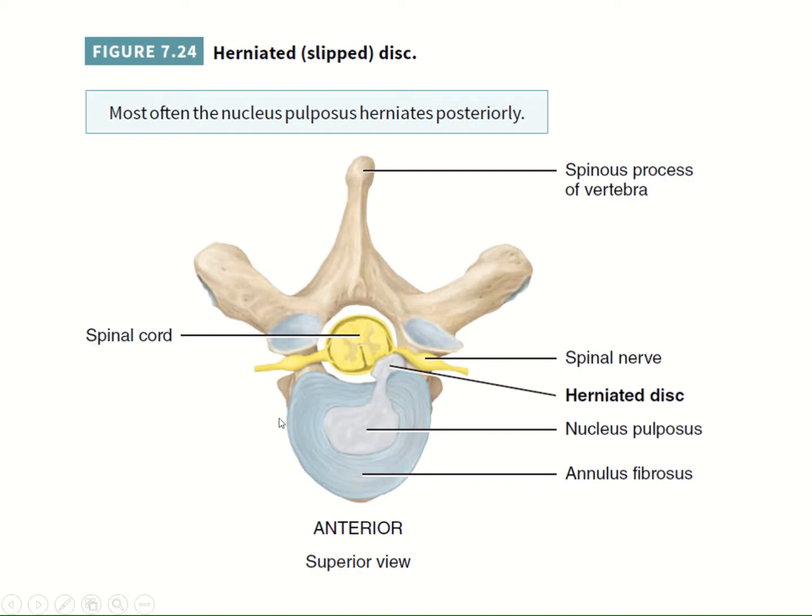Okay, so in this portion over here, the nucleus pulposus herniated posteriorly into the vertebral foramen, causing an increase in pressure exerted at the spinal cord.